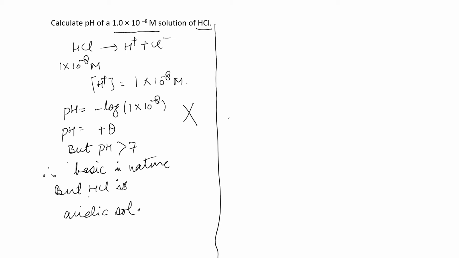How to find out pH of this type of solution? Here we have to take into consideration the dissociation of water into hydrogen ions and hydroxyl ions. So the hydrogen ions not only come from HCl, they also come from the dissociation of water. Let the concentration of hydroxyl ions and hydrogen ions obtained from water be x.